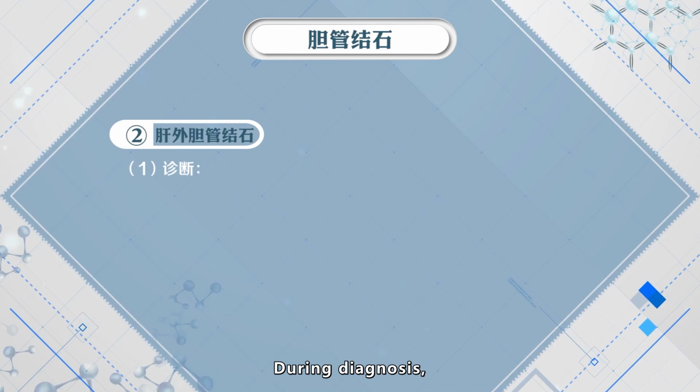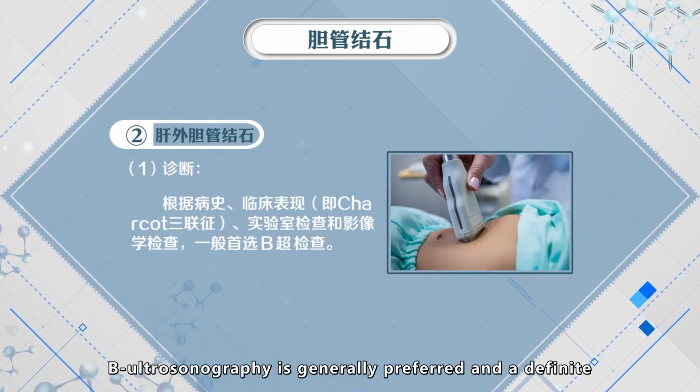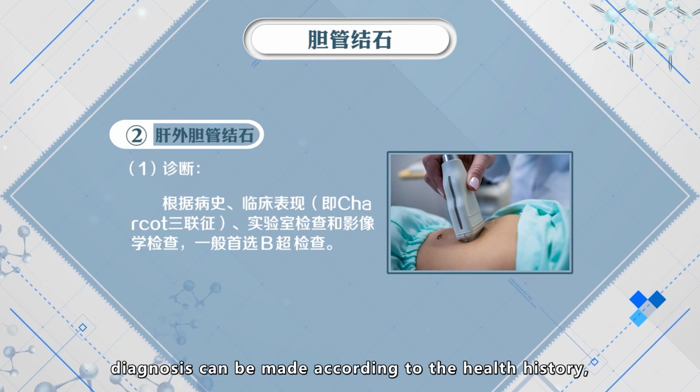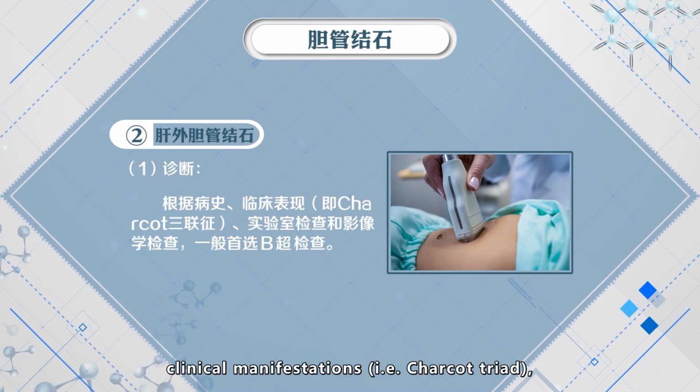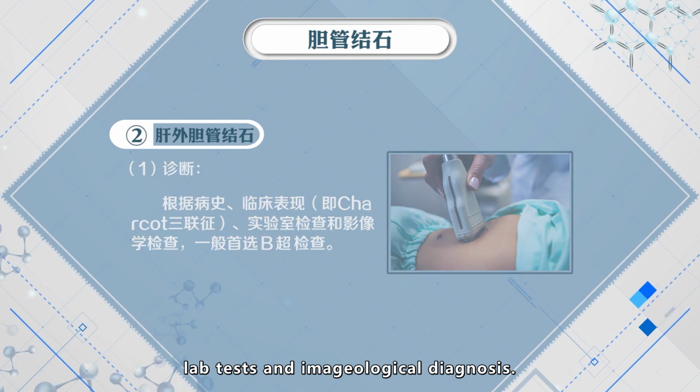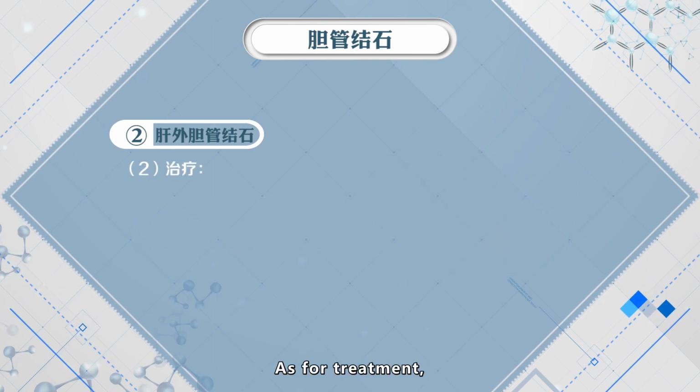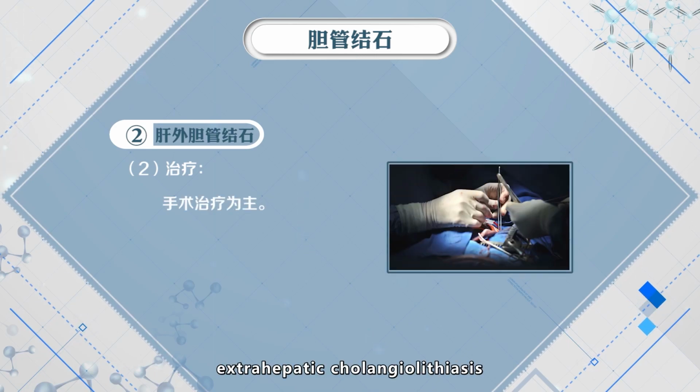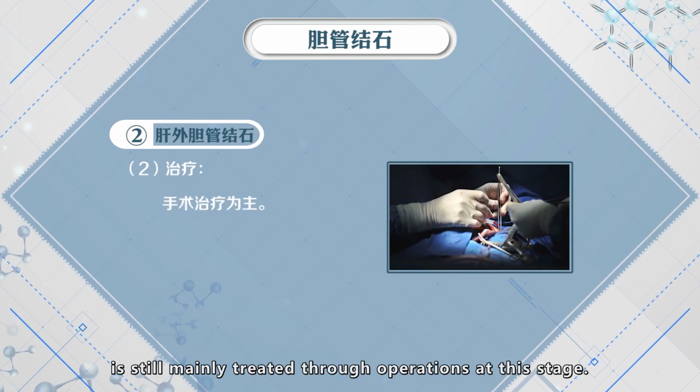During diagnosis, ultrasonography is generally preferred, and a definite diagnosis can be made according to the health history, clinical manifestations, that is Charcot triad, lab tests and imageological diagnosis. As for treatment, extrahepatic cholelithiasis is still mainly treated through operations at this stage.